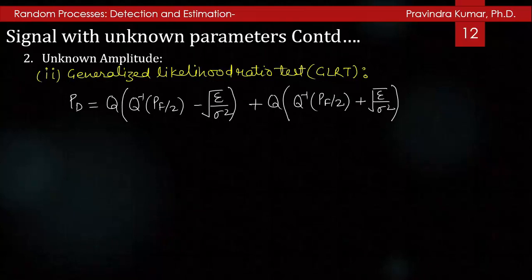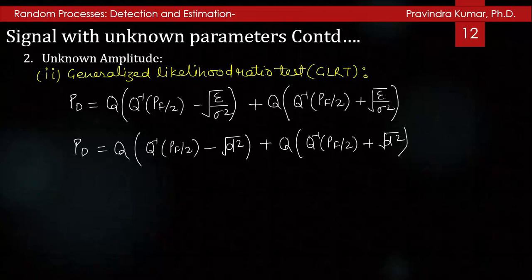And the probability of detection will be Q inverse of probability of false alarm divided by 2, minus under root epsilon by σ², plus Q inverse of PF by 2 plus under root epsilon by σ². And here epsilon by σ² is the deflection coefficient.